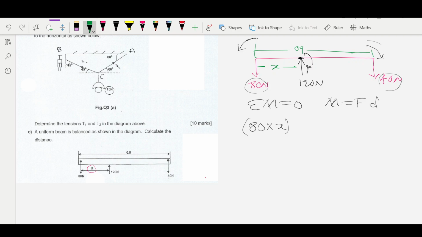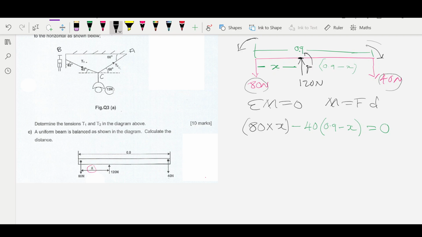And then the moment of this other force about the same point will be 40 times the remaining distance, which is, oh sorry, this is 0.9, so 0.9 minus x. Even this one we are going to have minus, because it's going in a different direction. So this will be 40 times the distance, which is 0.9 minus x, and this should equal 0.